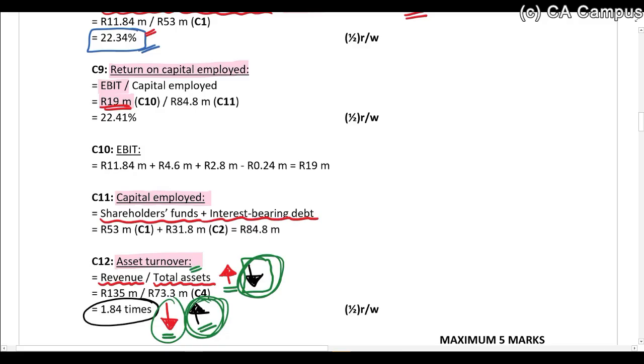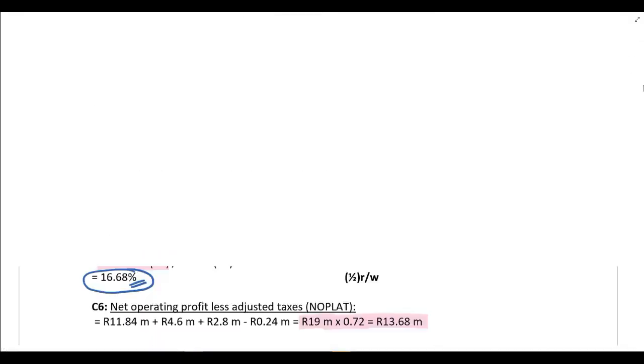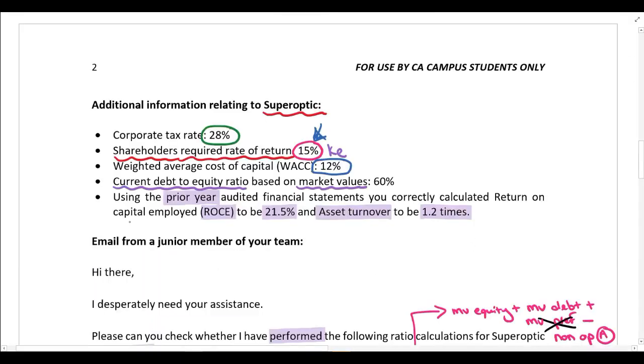Then for return on capital employed, remember we can't benchmark this to the WACC because the WACC is after tax and this is before tax. However, if you go back to the information provided in the scenario, you were told using the prior year audited financial statements, you correctly calculated return on capital employed to be 21.5%.